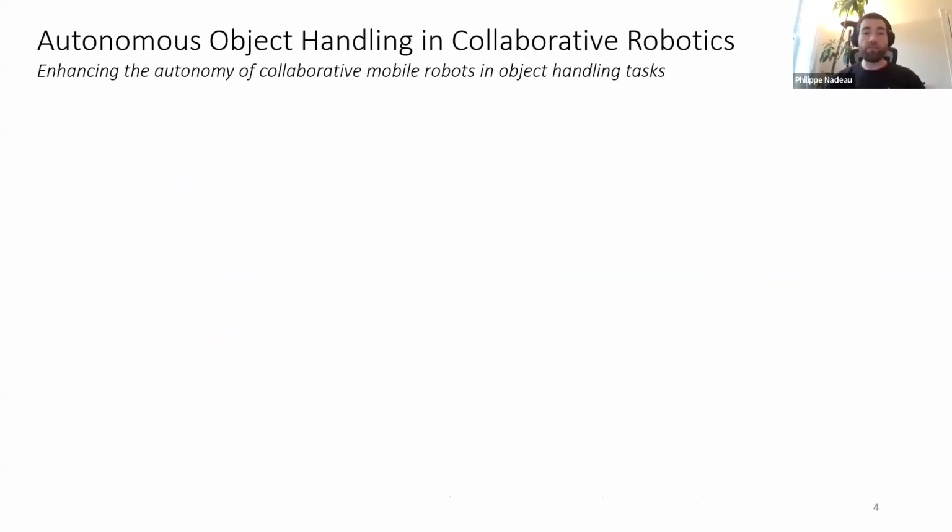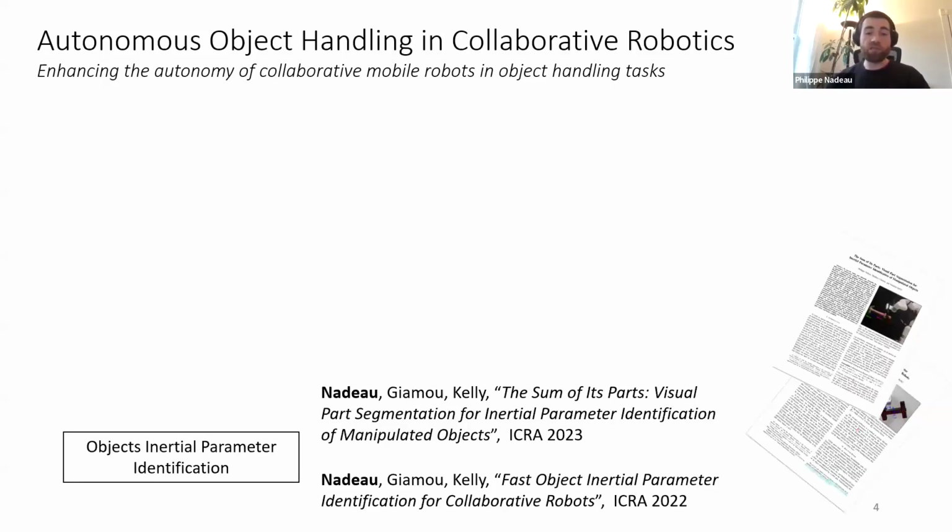So in this context, my PhD work focused on developing algorithms, improving the capability of mobile collaborative manipulators in perceiving, modeling, and acting autonomously in their environment, particularly in the context of object handling tasks. And most of my work focused on efficient physics-based methods applicable to general rigid object environments. So I have proposed algorithms improving the capability of robots to quickly identify the dynamical properties of manipulated objects.